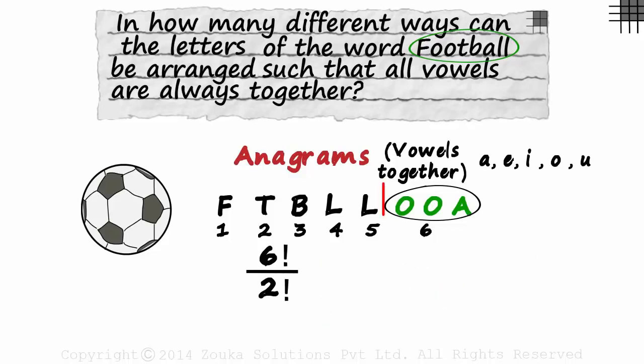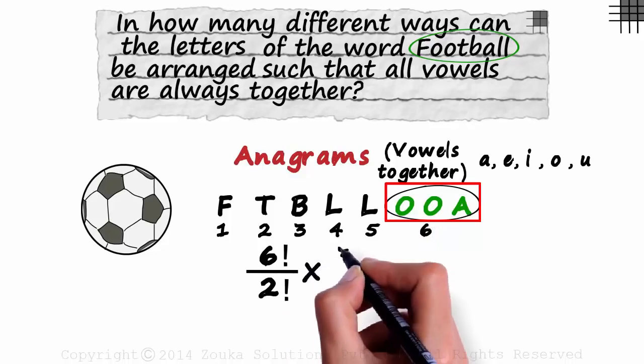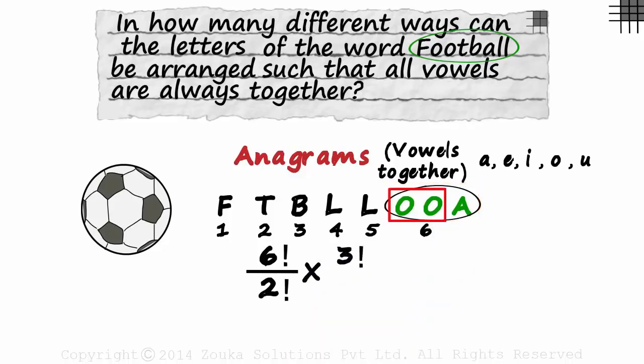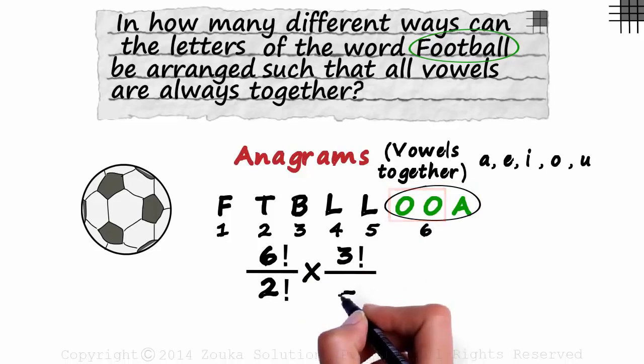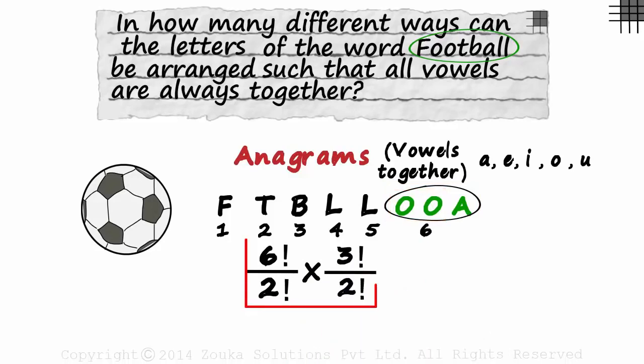Now just focus on the 6th element. It has 3 letters out of which 2 are repeated. As it has 3 letters, we multiply these with 3 factorial, and as 2 are repeated, we divide this by 2 factorial. This is our answer. These many anagrams of the word football can be formed such that all its vowels are always together.